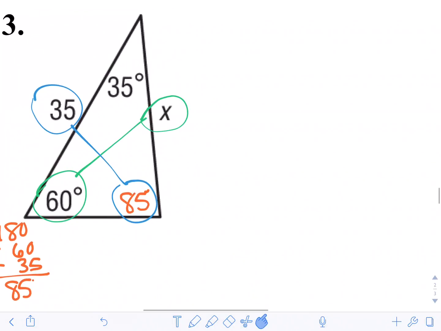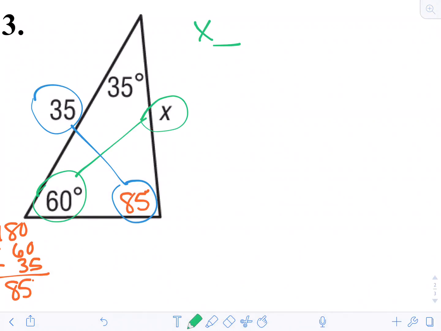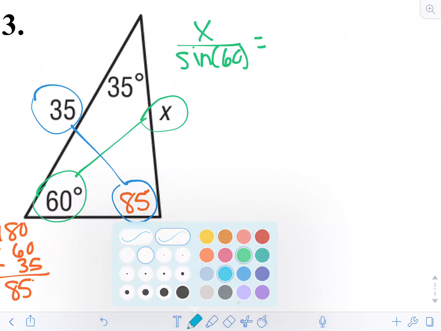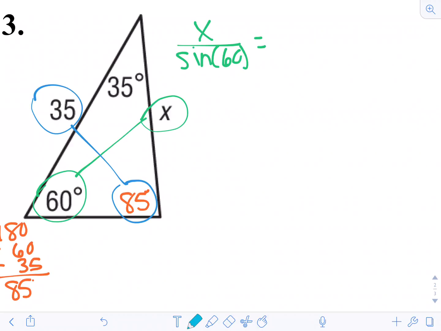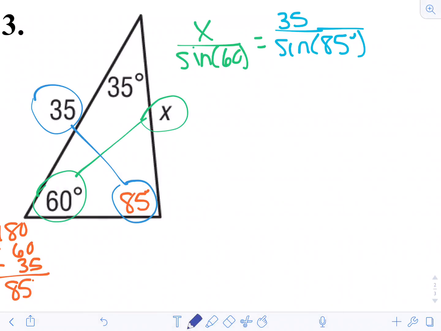Okay, so now we can go ahead and set up our proportion. So we know the length of x goes with sine of 60, and we know that 35 goes with sine of 85. All right, now we're going to cross multiply. So I have x times sine of 85 is equal to 35 times sine of 60.